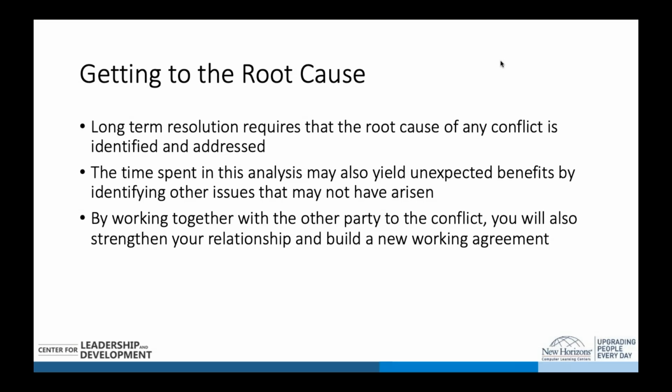In any conflict situation, there's likely to be a single root cause. There are a number of tools available in the workplace for root cause analysis. I won't go into those today, but you need to dive down, find out what that root cause is, and address it.